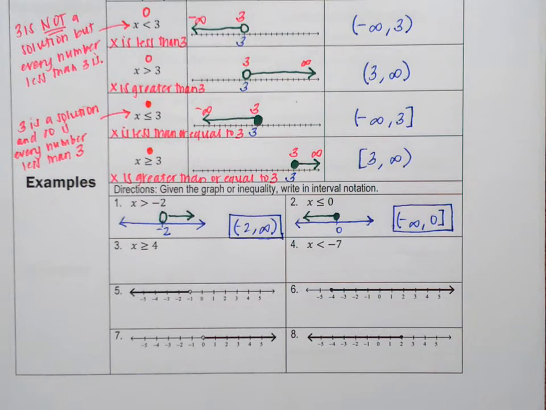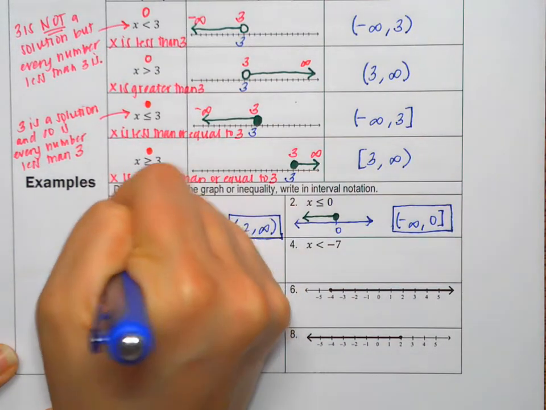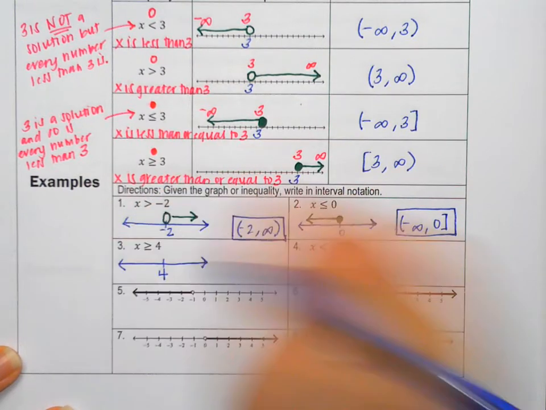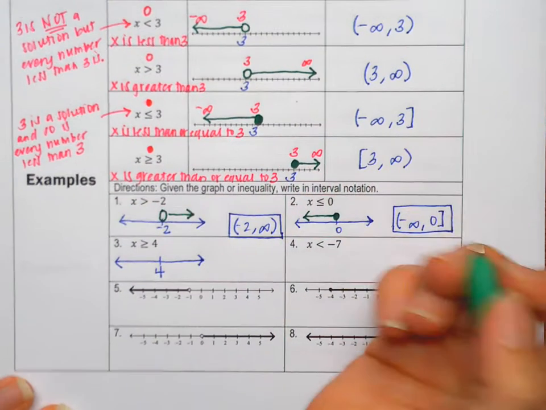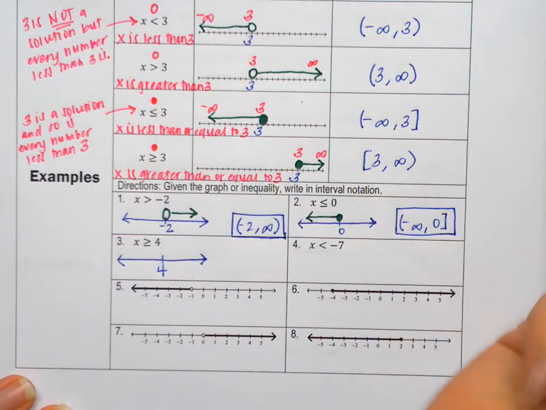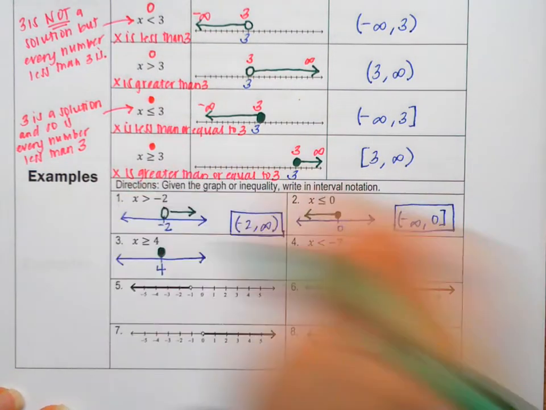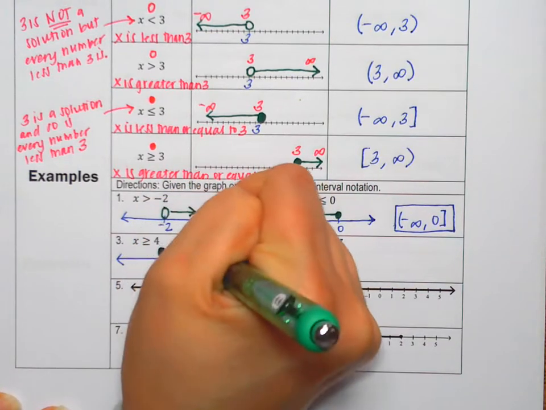Okay, so let's look at 3. x is greater than or equal to 4. So again, I'm going to graph it just to help myself visually see it. I'm going to put my number at 4, and then it's greater than or equal to. So or equal to, remember, that means it's a closed circle, and greater than is going in the positive direction.